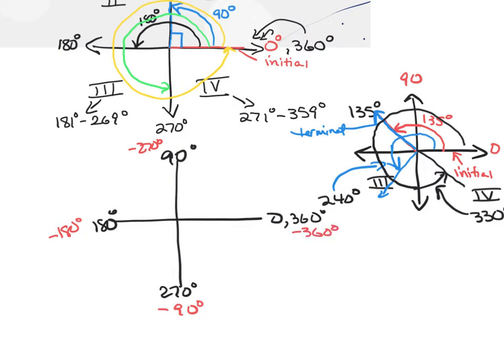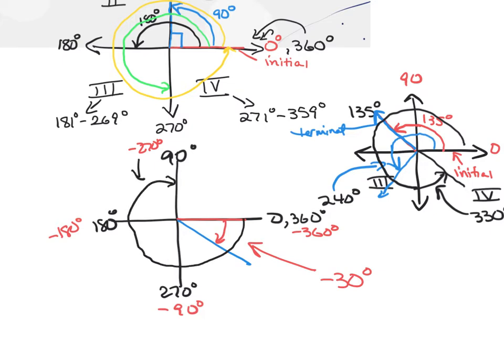And the way that you would do this is you start on your initial side, and let's say I want to make a negative 30 degree angle. I would have my arrow coming down this way, and that could be a negative 30. If I wanted a negative 270, I'd go negative 90, negative 180, and end up here. And that could be a negative 270. So when you want to make a negative angle, you're going to go clockwise.